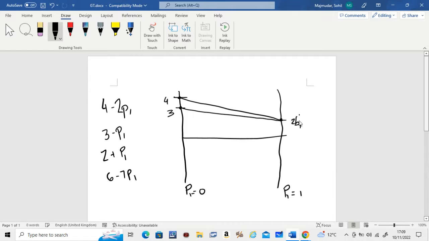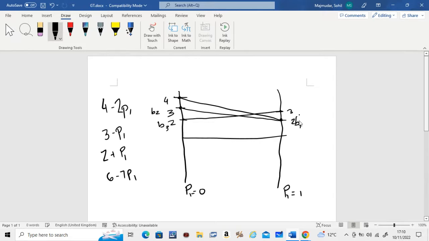Okay, and this is your B2. For this one, in place of P1, plug in 0, we get 2, is the first point. And the second point, we get 3. Okay, so this is your next one. This is B3.